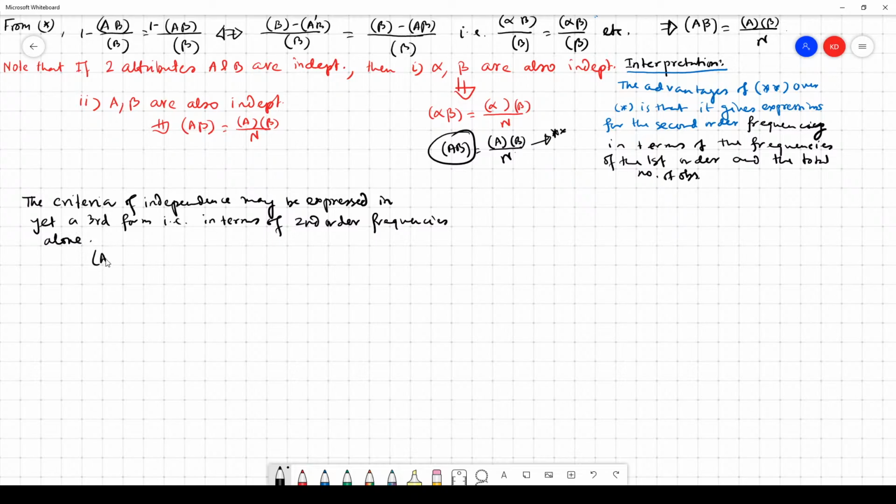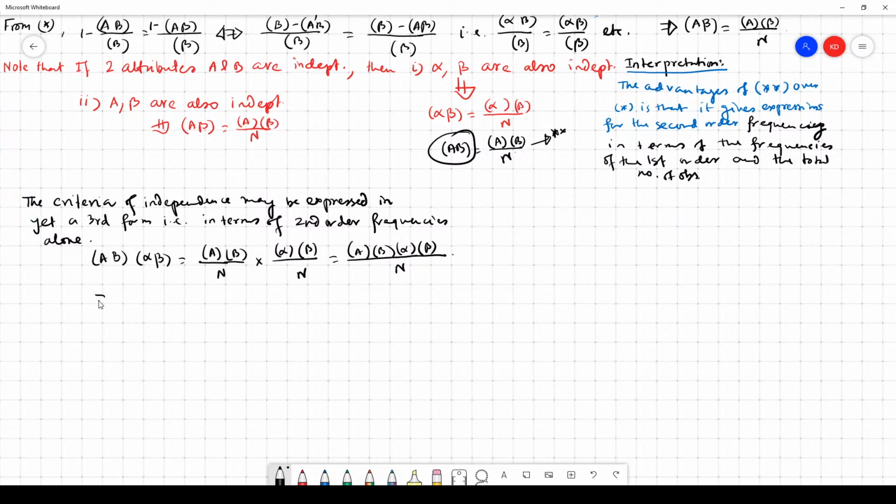That is AB alpha beta. This is written as AB by capital N is again alpha beta by capital N. So this is simply AB alpha beta by capital N.